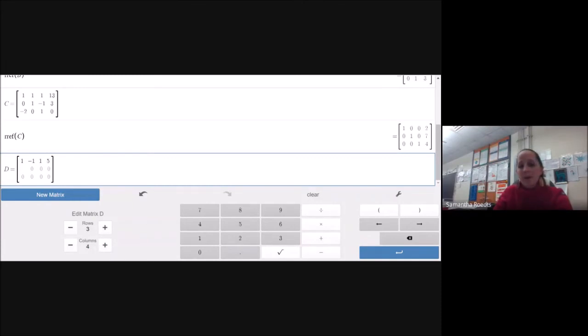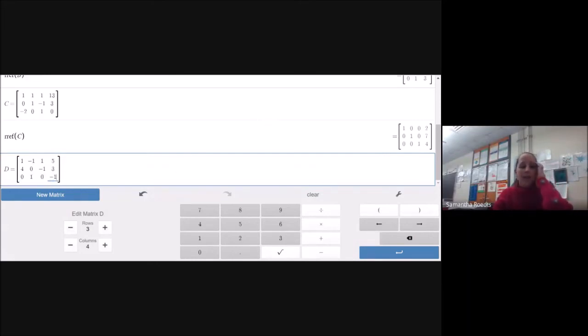And then 4x minus z equals 3. And then y equals -1. So 0, 1, 0, -1.